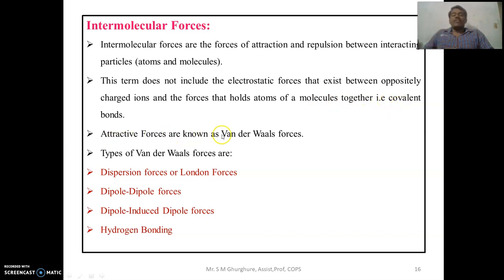Attractive forces are known as van der Waals forces. The different types of van der Waals forces are given below. Number 1, dispersion forces or London forces, dipole-dipole forces, dipole-induced dipole forces, hydrogen bonding.